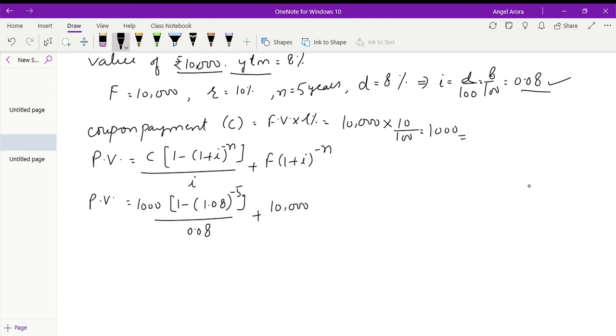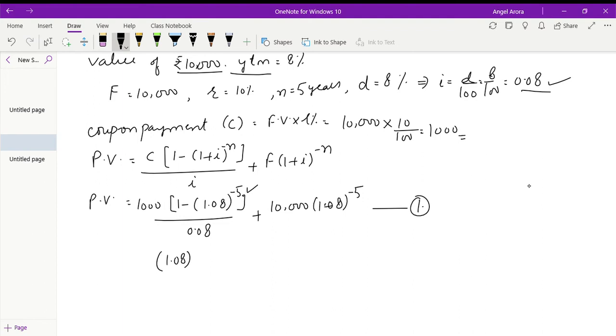So 10,000, 1 plus 0.08. So 1.08 raised to minus 5. So now this is equation number 1. Let's solve this part.